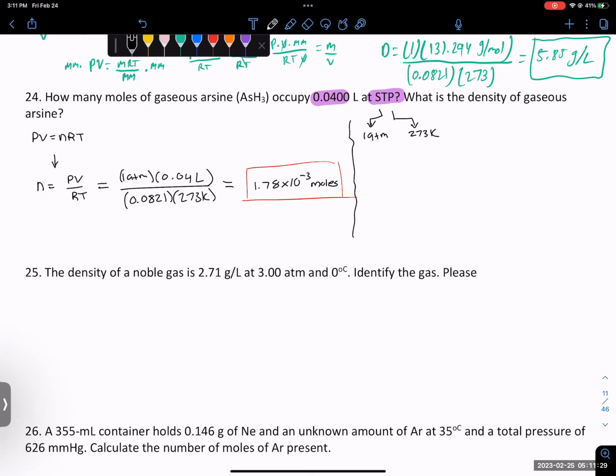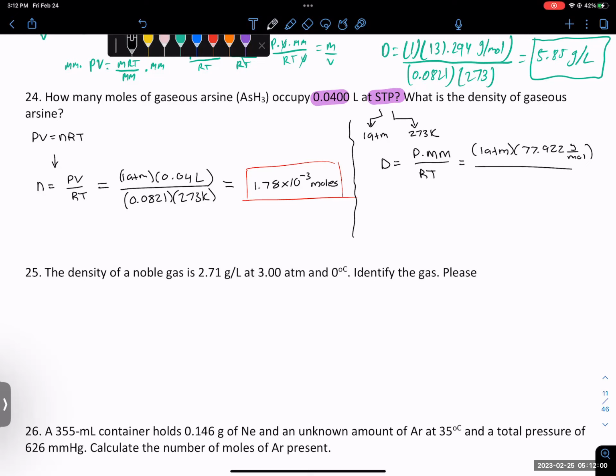So I'm gonna go ahead and squiggle out so we know we're working on part 2. So density equals P times molar mass over RT. This is equal to 1 atmosphere. The molar mass of gaseous RC ASH3 is 77.922 g per mole.